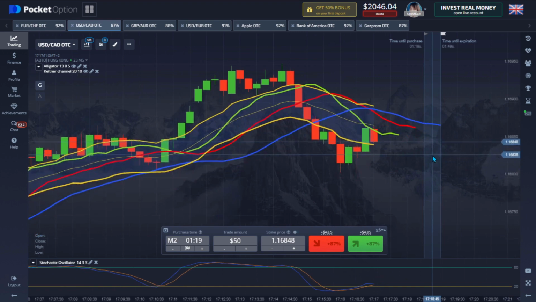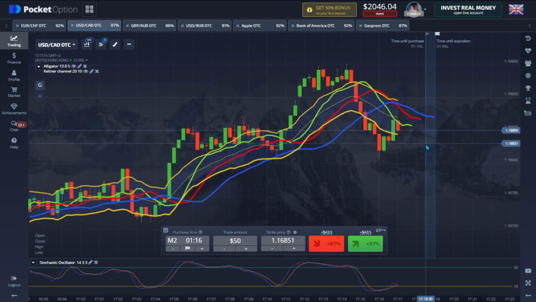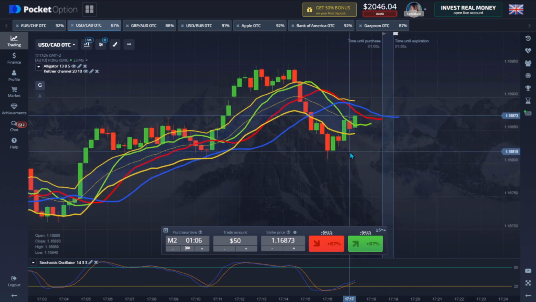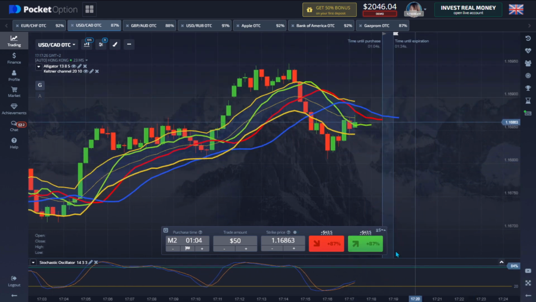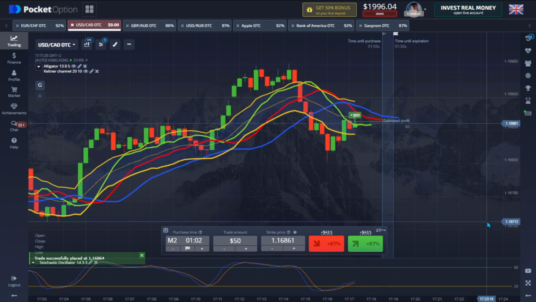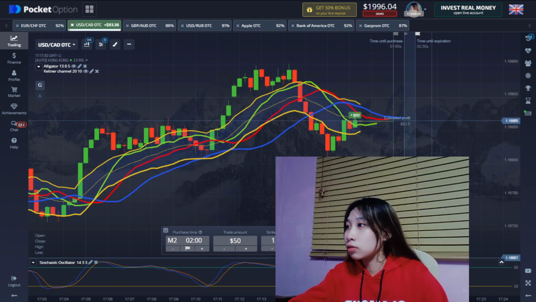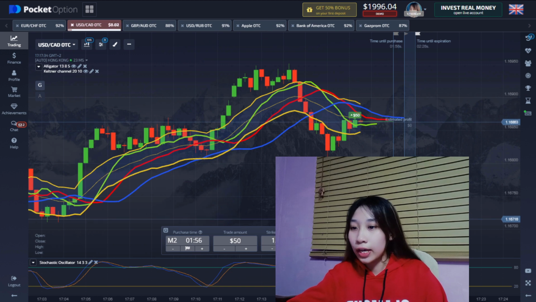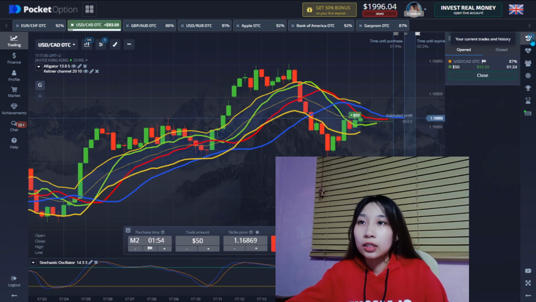So let's take a bet again for 2 minutes time frame. Let's wait for a good trend. I think it's going to upwards. Now the USD CAD OTC has 87% earning.